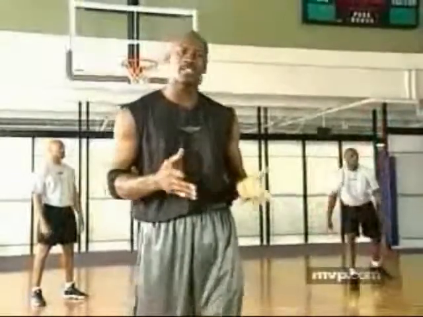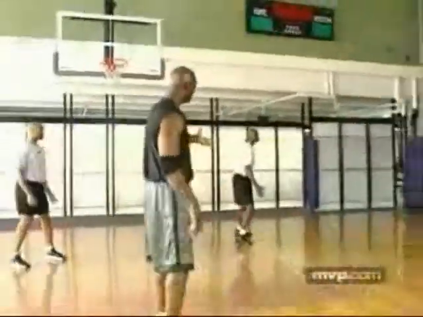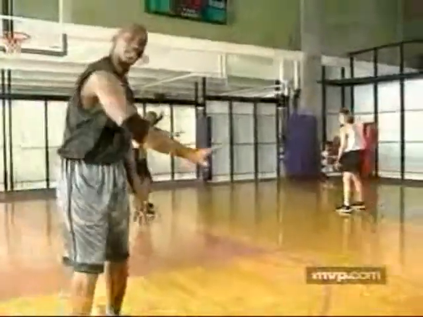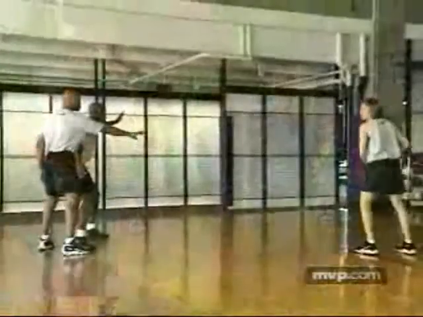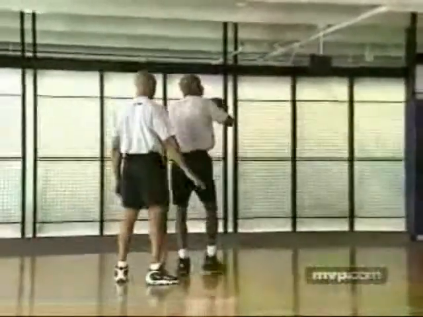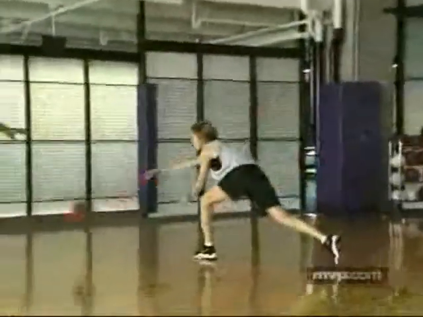Now, when you're trying to pass the ball into the post, let's show them how to pass the ball into the post. If the defense is guarding him and he's trying to prevent you from passing the ball into the offensive player, there's many ways of getting the ball to the offensive player. You can step around your defensive player and throw it to the target of the offensive player.